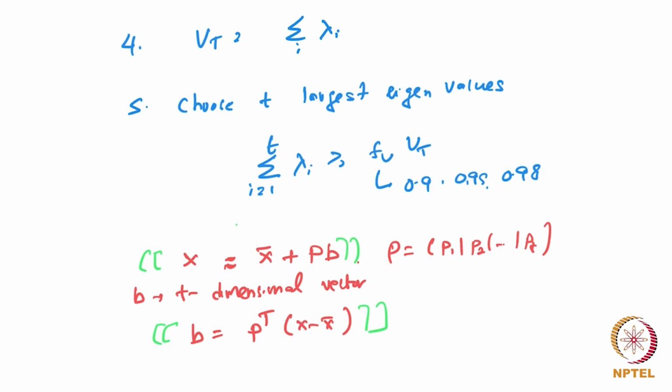This is the purpose behind doing PCA, because now you can look at each one of these b's as some kind of button that you can press up or down, so that by changing its value, you change an aspect of the shape.